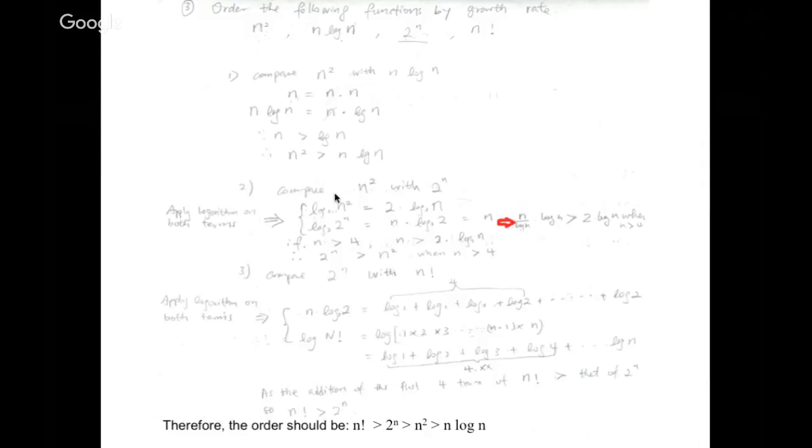Next, we compare n squared with 2 to the power of n. First, we apply a logarithm on both terms. So n squared becomes log n squared, and 2 to the power of n becomes log 2 to the power of n.